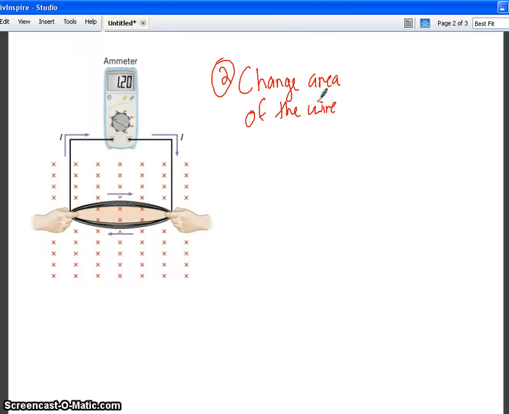So in this situation we have a constant magnetic field, a constant B. And imagine if this loop of wire, when unstretched, is about this big. Obviously, that has a much larger area, and that's actually not an accurate depiction there.